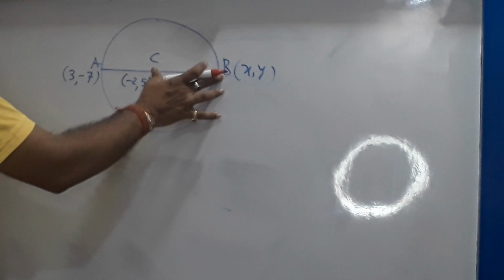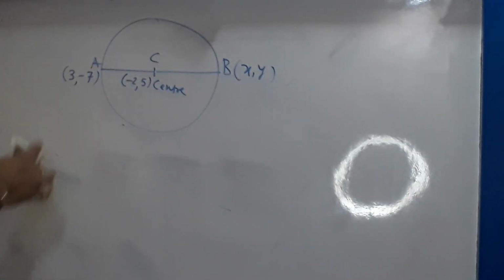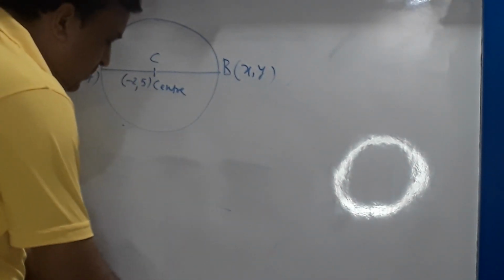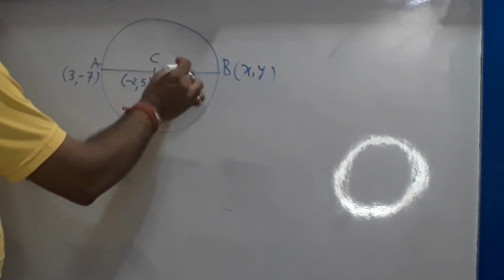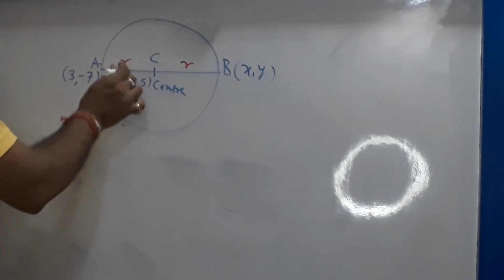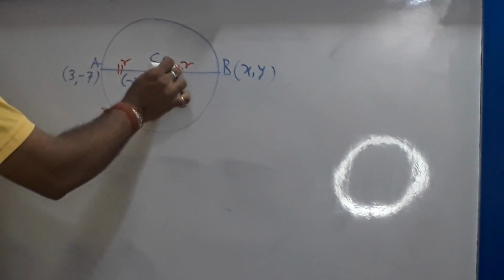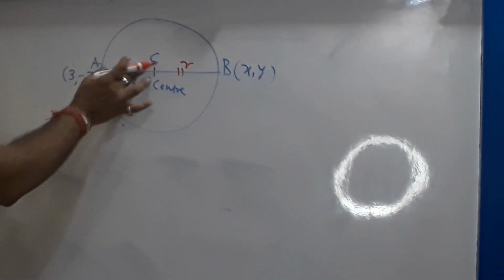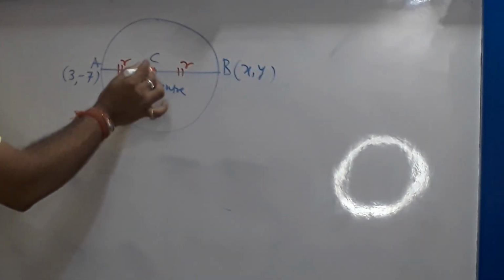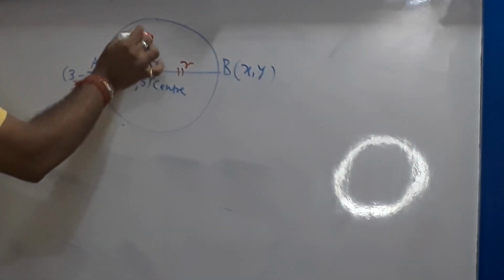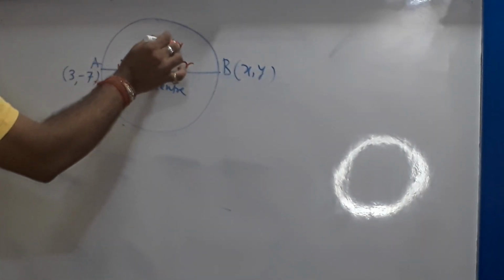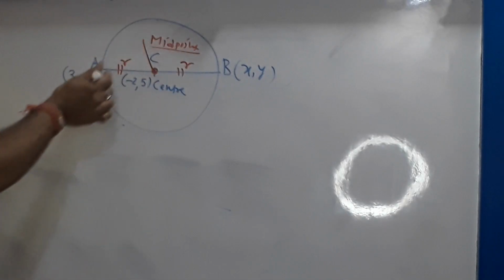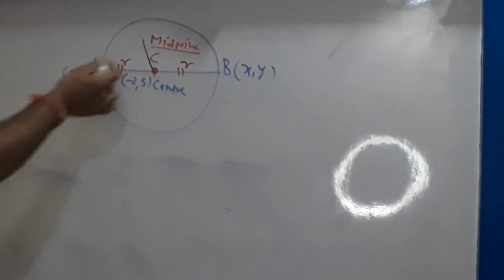So BC is a radius and CA is a radius, and the radii of the circle are equal. So when CA is equal to CB, that means C becomes the midpoint of AB.